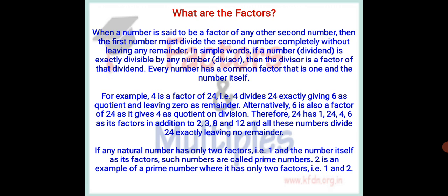For example, 4 is a factor of 24. That is, 4 divides 24 exactly, giving 6 as quotient and leaving 0 as remainder. Same thing, alternatively, I can say 6 is also a factor of 24, as it gives 4 as quotient on division.